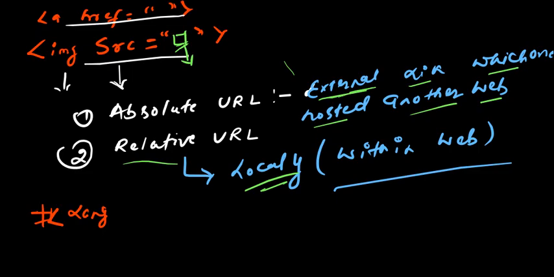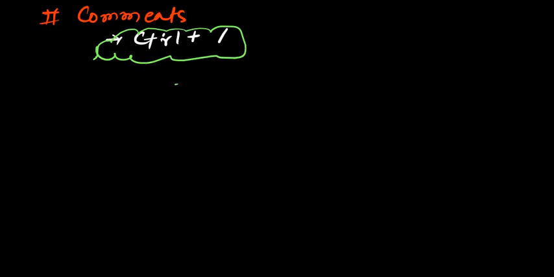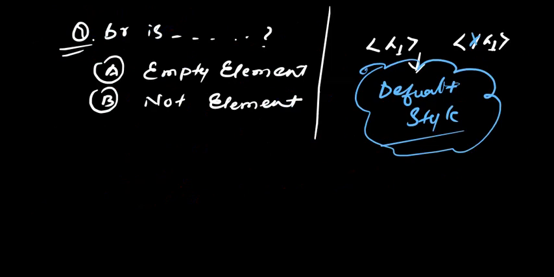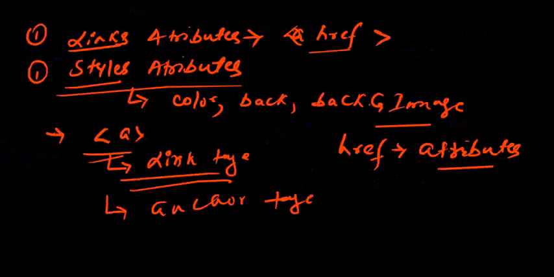So we studied all these things in the last class. And also, how can we comment? Simply in HTML, Control and slash will comment that line, right? We have studied attributes and empty elements a lot.